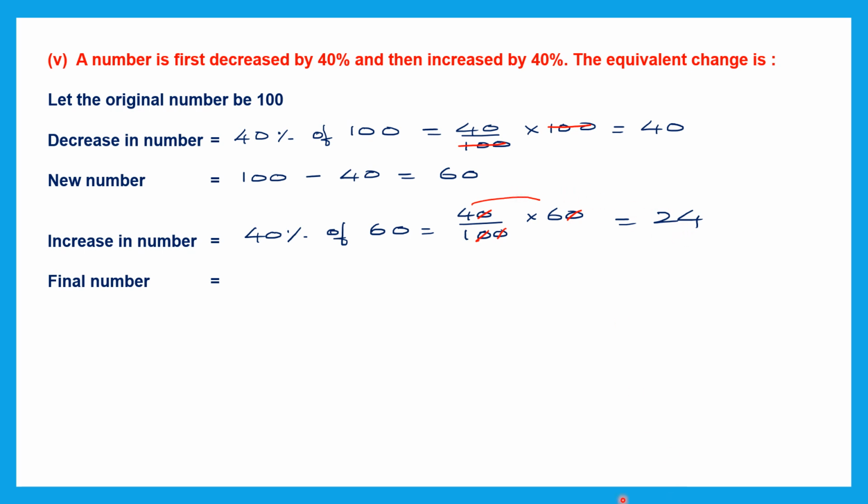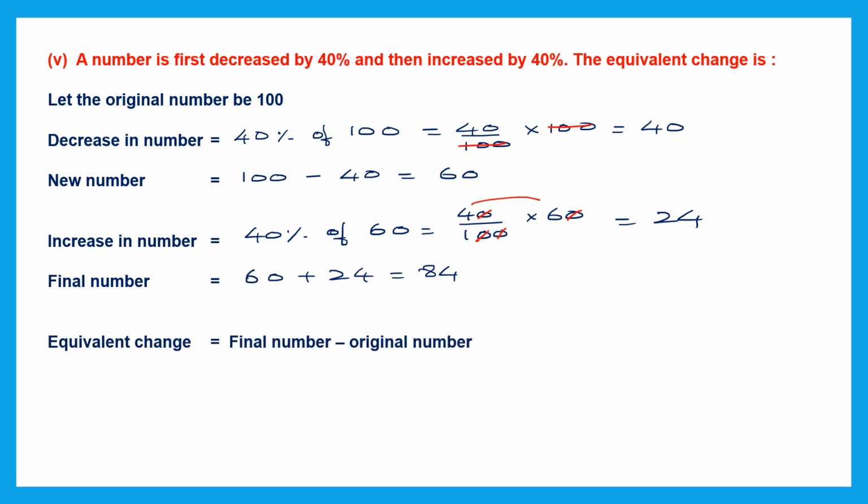So we have to add this to it. So that will be 60 plus 24. 60 plus 24 is 84. So this is our final number. So what has been the change here? The change here is final number minus the original number, or the original number minus the final number, because the original number is greater.